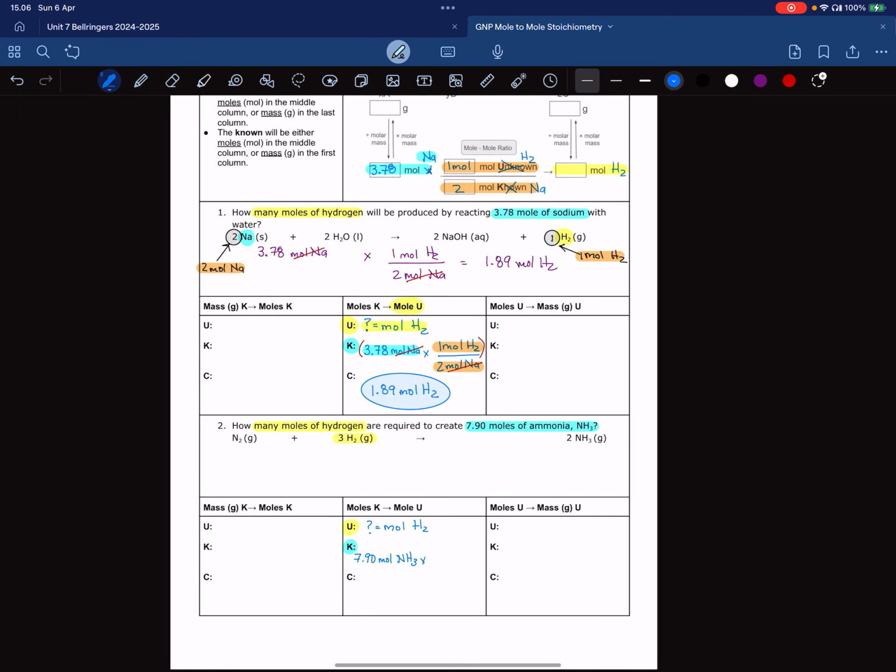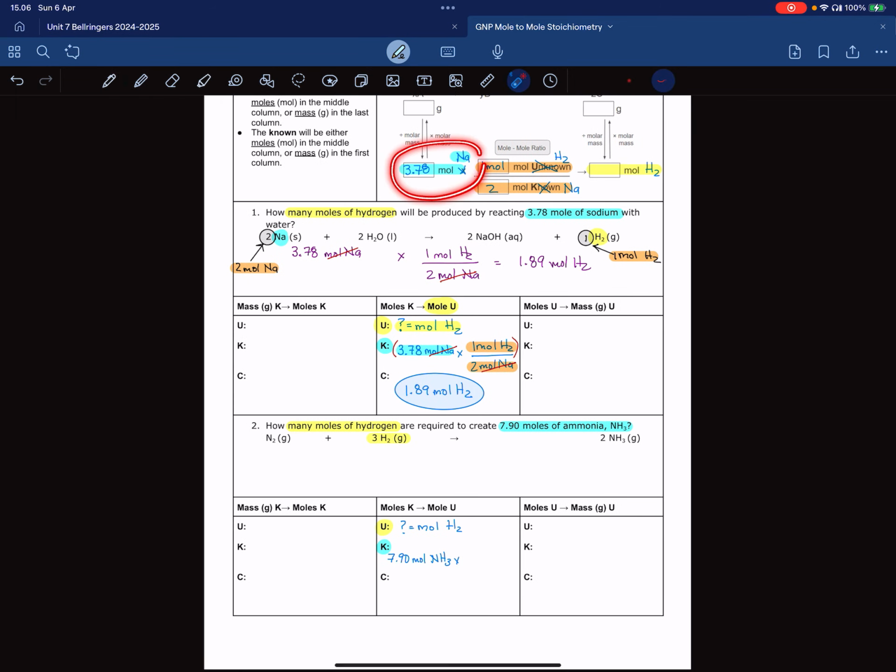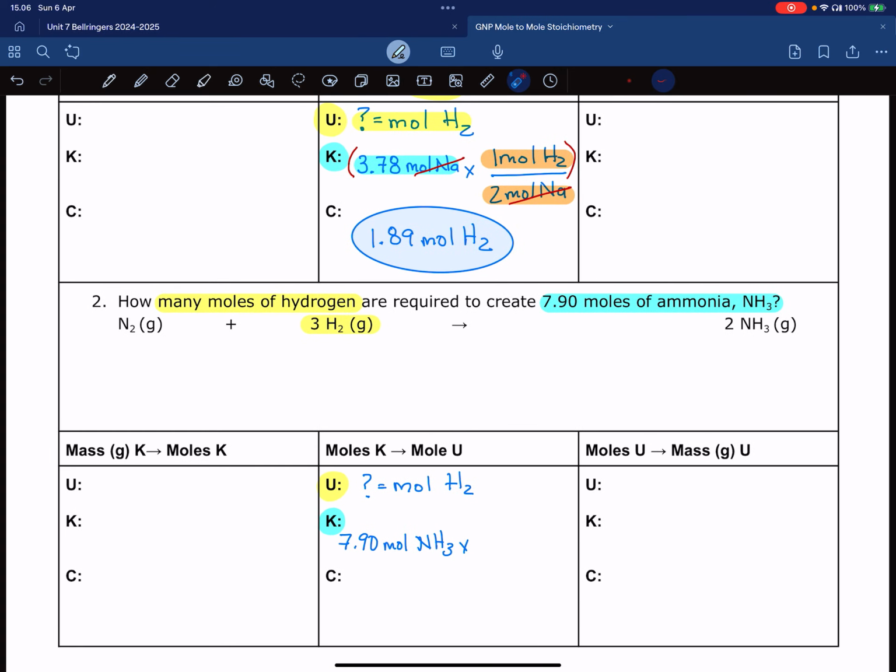Now, you're always going to have the moles of the known multiplied by the mole ratio. What is the mole ratio? The mole ratio is always moles of the unknown over moles of the known, right?